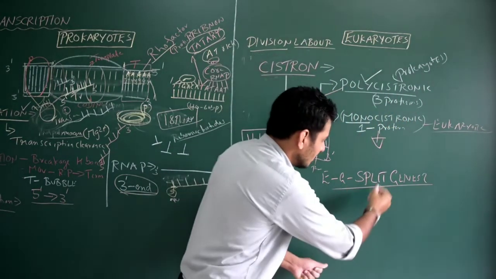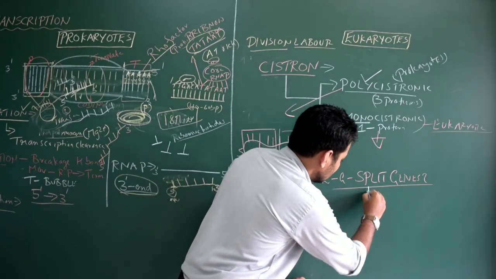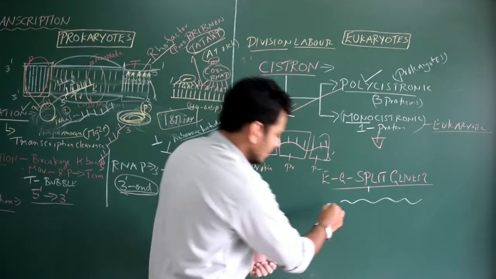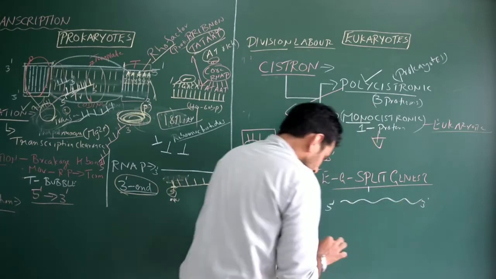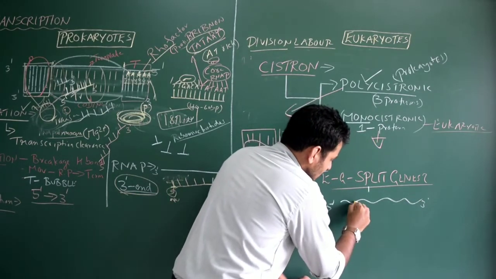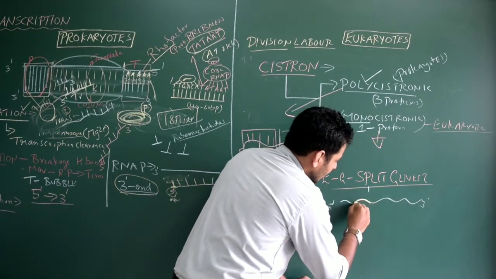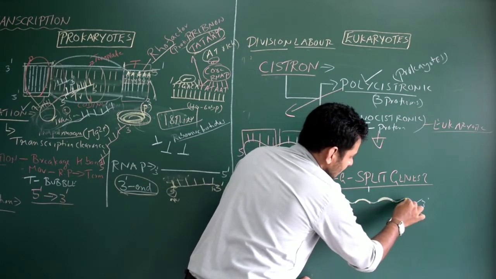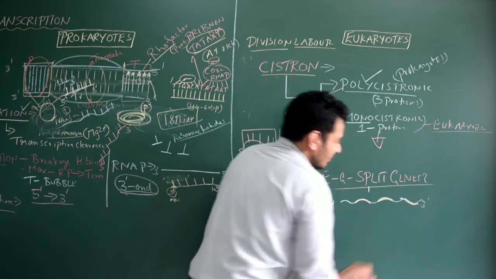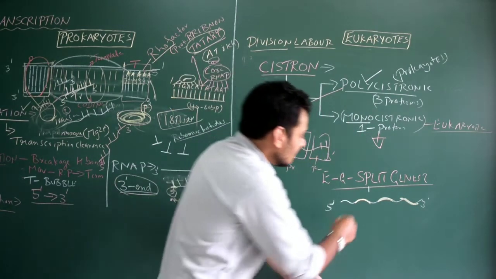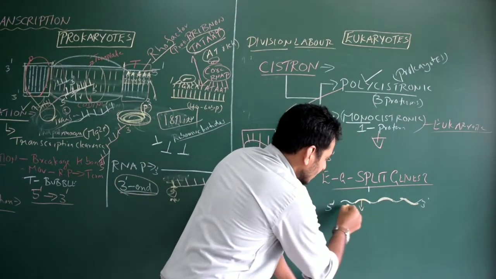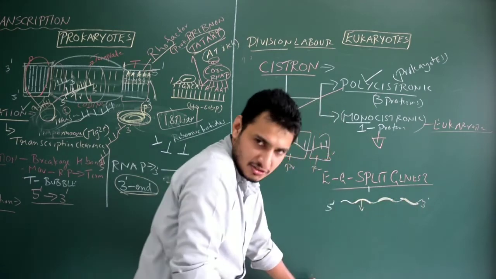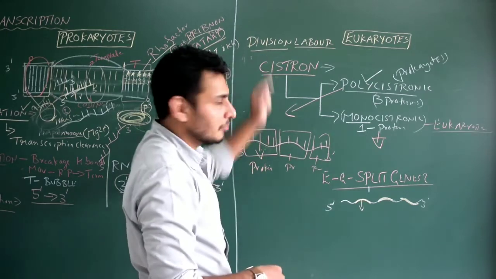Let me just explain what is the split gene. Split gene means the mRNA which is synthesized at the end of a transcription process, that is 5 prime to 3 prime. Here, the sequences are complementary to the template strand, obviously. I'm just highlighting this. See here, the mRNA contains blue and yellow segments, which are coded by the template DNA.